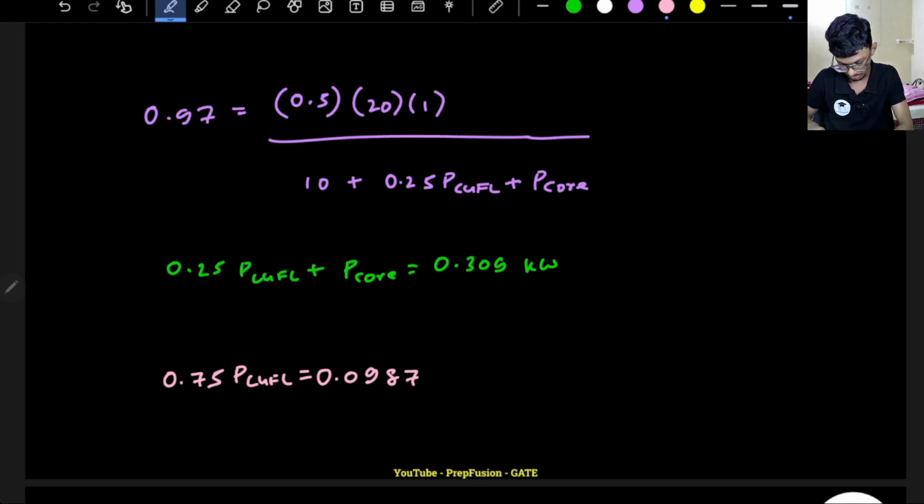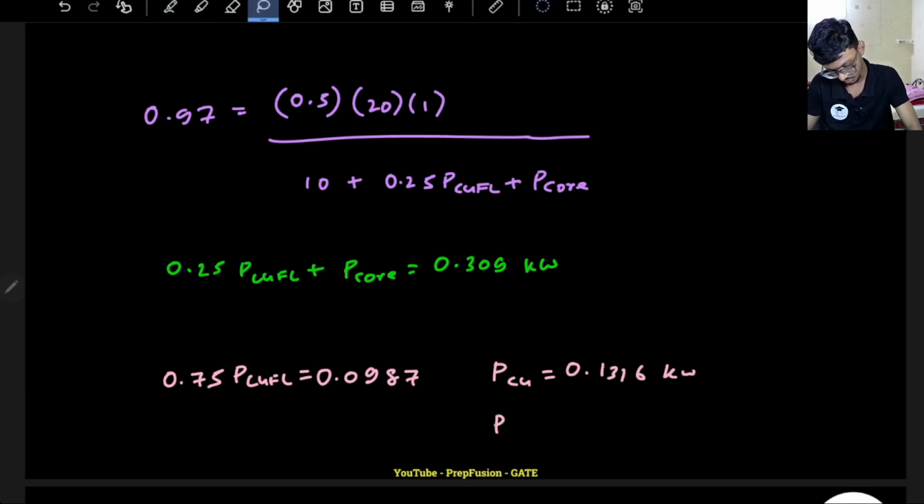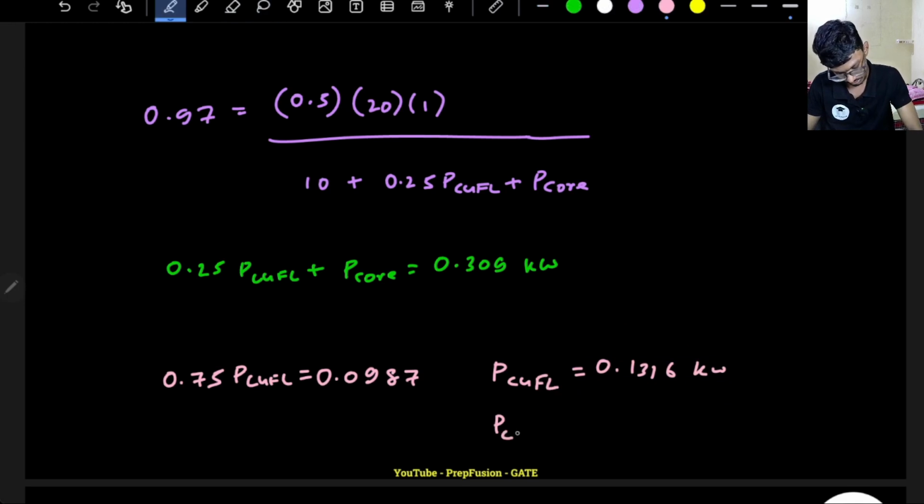Okay, so this divided by 0.75, actually my full load copper loss is almost 0.131 kilowatts. So this is P_cu FL, full load copper loss. P_cu FL is equals to 0.131, let me keep it in kilowatts only.